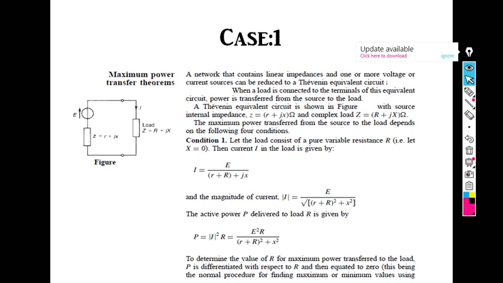First we can consider that this load is completely resistive load and the source impedance is also resistive. That means only resistance is present. Then we can say RTH is equal to RL.